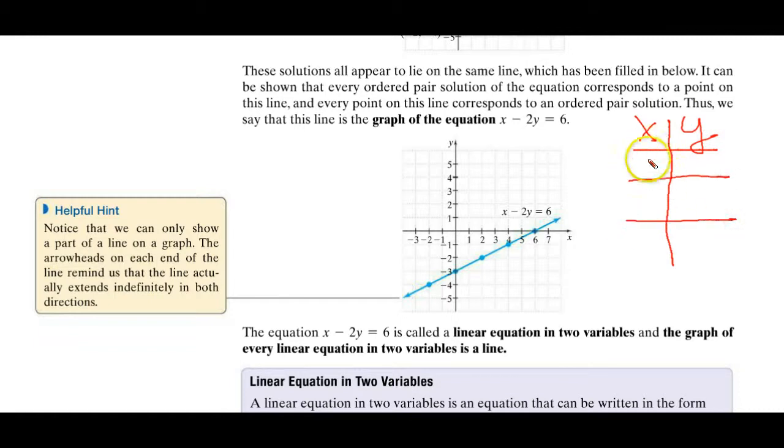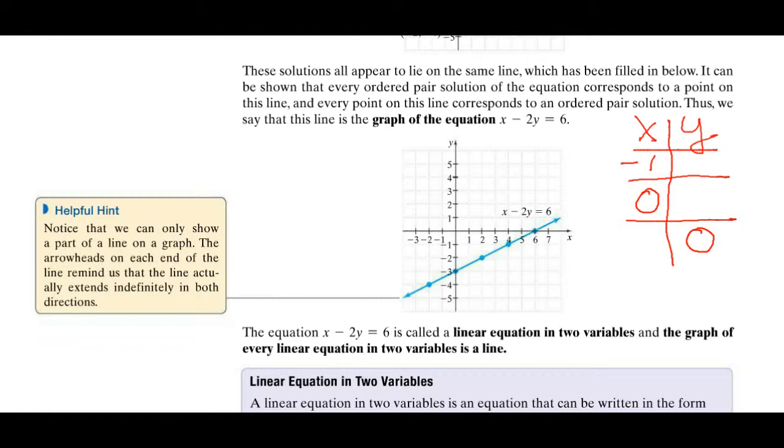And you're going to put some points for the x value. And we said a good one would be a -1. Another good one would be 0. And we could also put a 0 in the y column.